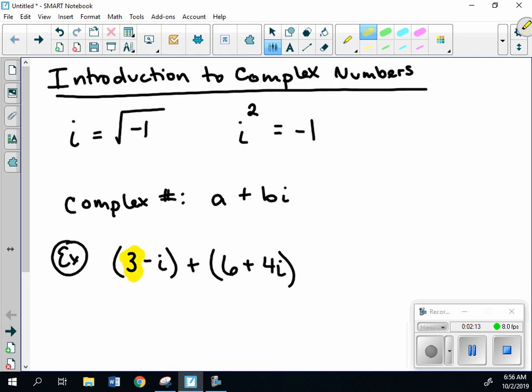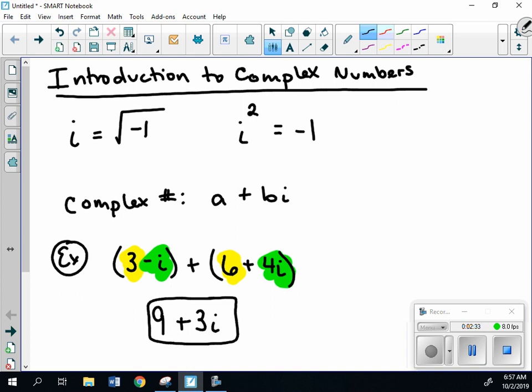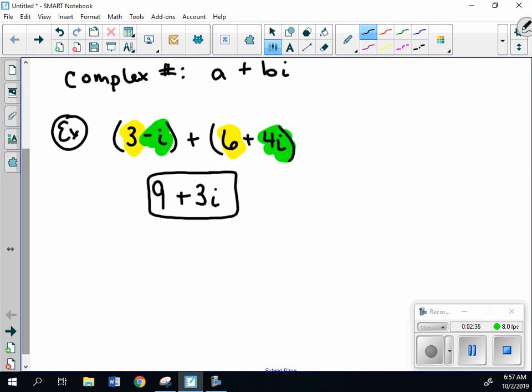I have a 3 and a 6, and I have a -i and a 4i. So these are my like terms. I'm going to combine them with addition. So I have 3 plus 6 to give me 9. -i plus 4i gives me a positive 3i. So right there, I just added my complex numbers just by combining my like terms.